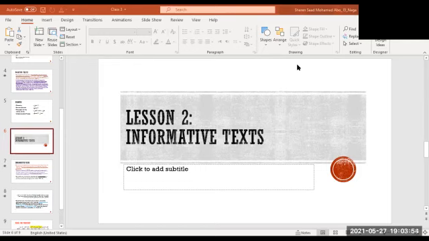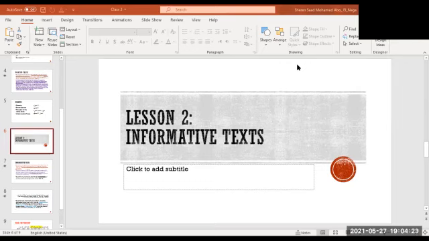And we said that we care about the message conveyed by this text, so we can use the communicative approach. Now, in this lesson, we need to talk about the third type, and this is informative texts. What are informative texts, and which approach do we need to use with that?